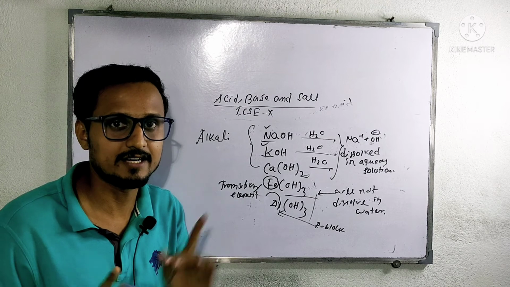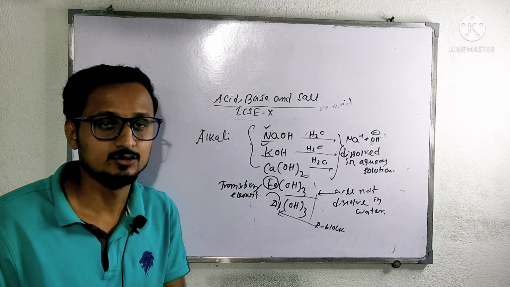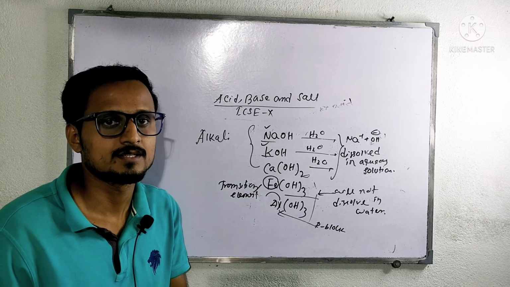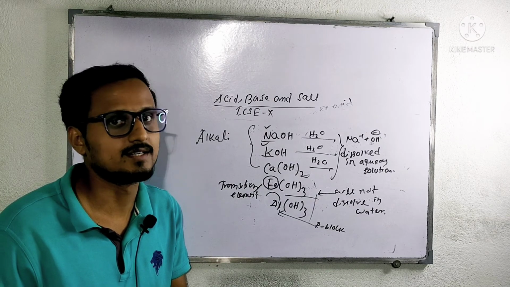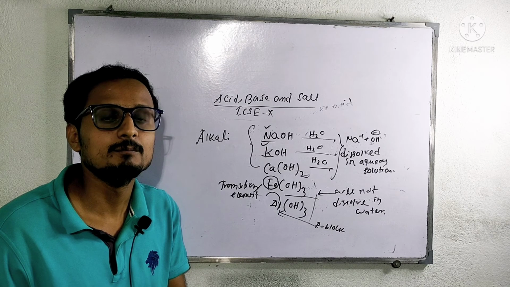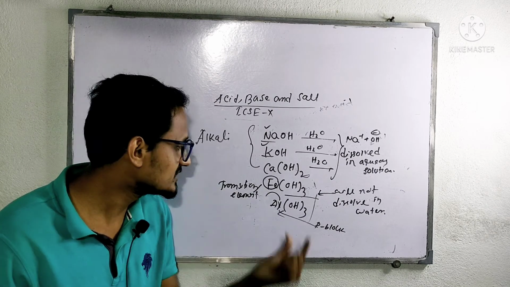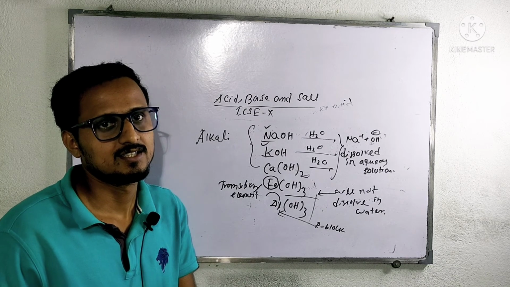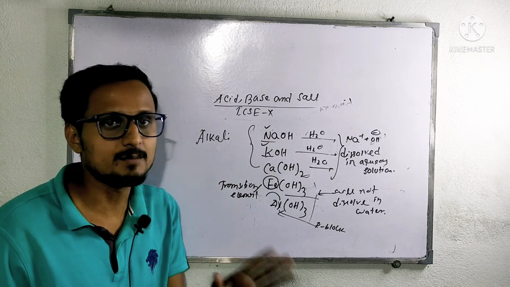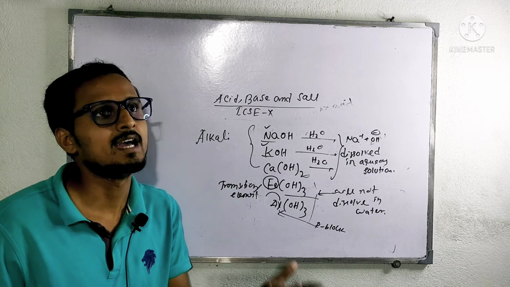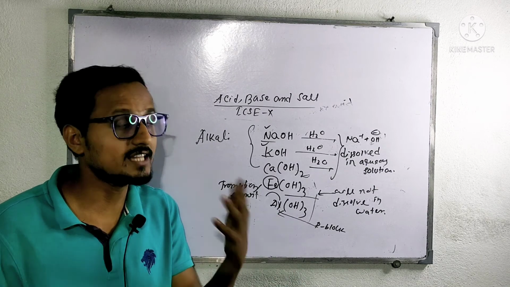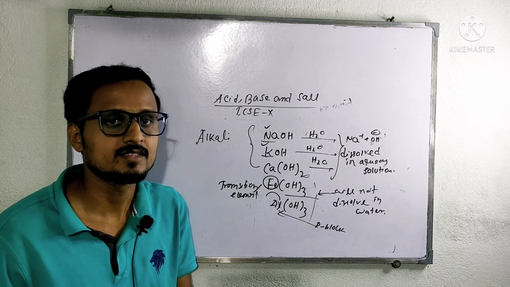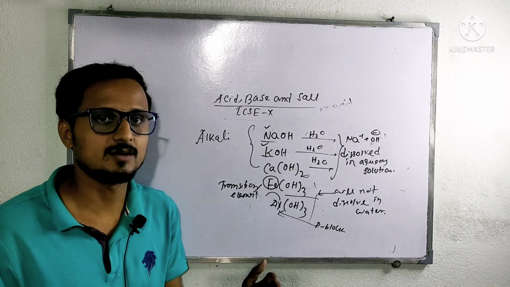Those bases are alkali which dissolve in aqueous solution. Iron hydroxide and aluminium hydroxide are not alkali. These kinds of questions do come.